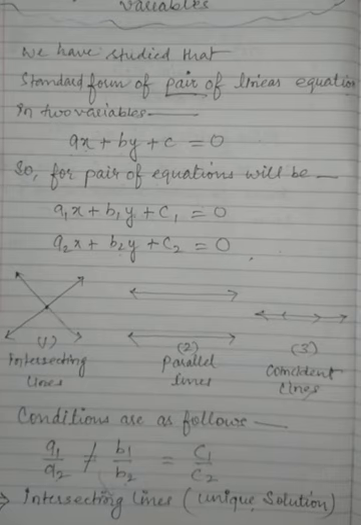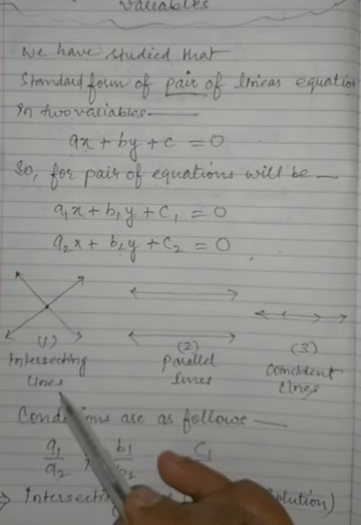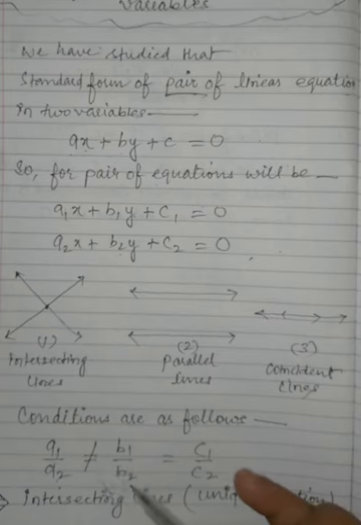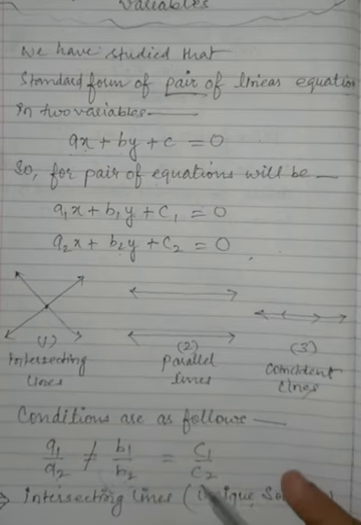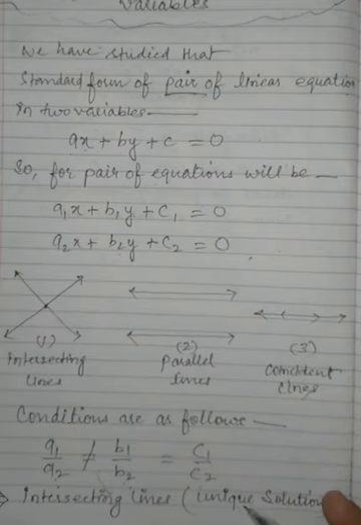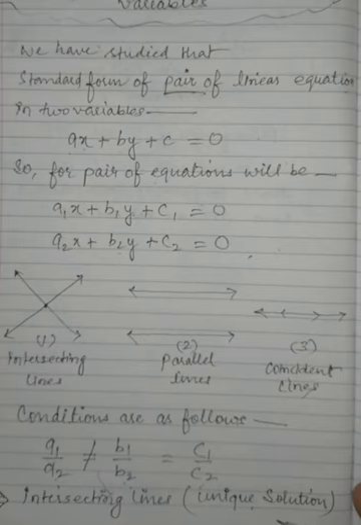If we have intersecting lines, that is a1 upon a2 not equal to b1 upon b2, then only do we have a unique solution, and then we will solve the given pair of equations by any method given in the class 10 NCERT syllabus.